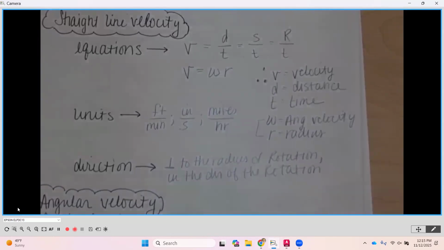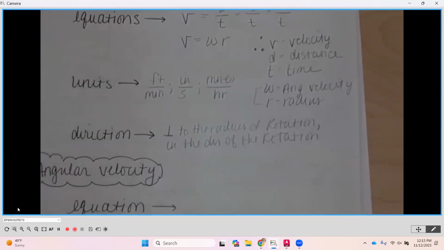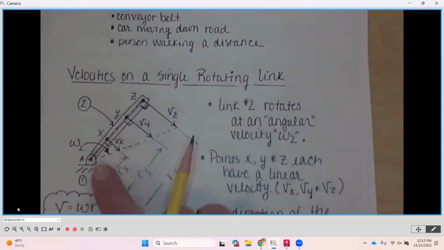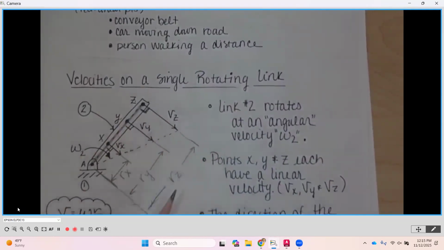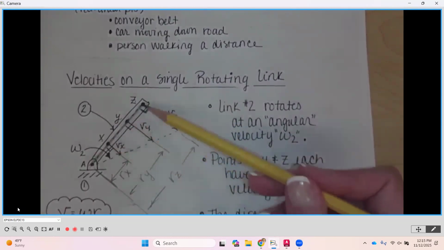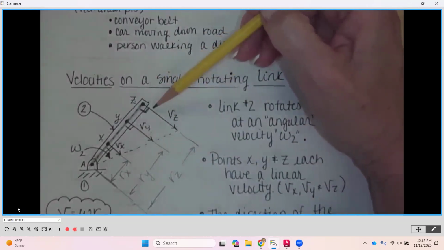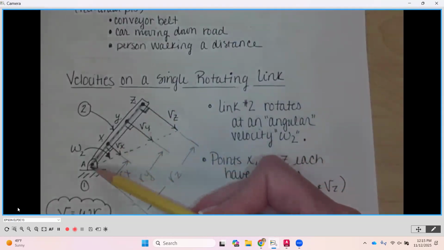Okay. Now this goes back to the illustration on the very first page that we have. So when we have, for instance, a link that is rotating around a fixed center, in this case it's going in a clockwise direction, a velocity of any one of these points, X, Y, or Z, you're going to notice that a straight line velocity vector is drawn here. It's drawn perpendicular to the radius back to its center of rotation.